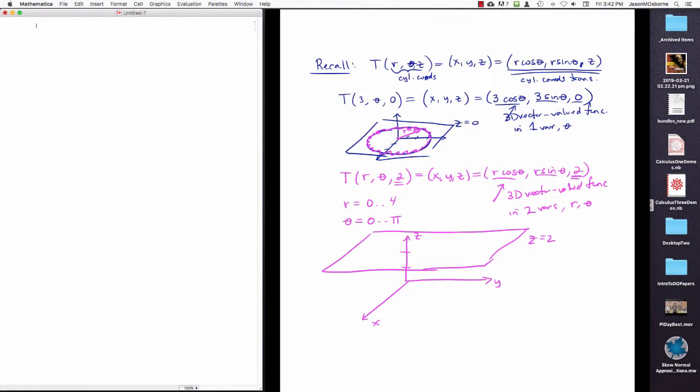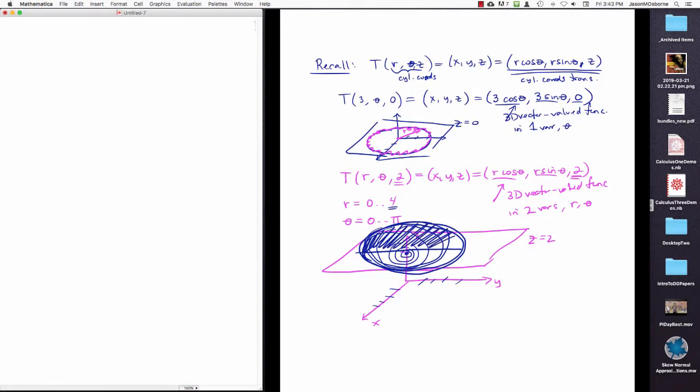So what we are seeing here is a circle of radius 4. That's the maximum extent of the circle, but the minimum extent was a circle of radius 0. The radius is getting bigger and bigger, extending outward, and then theta only goes from 0 to pi.